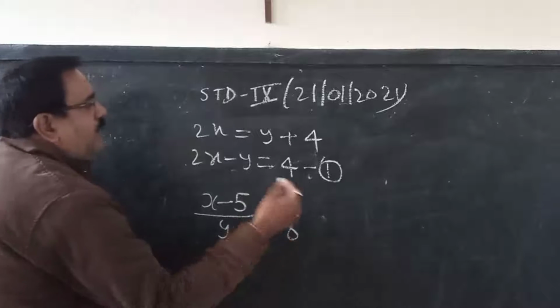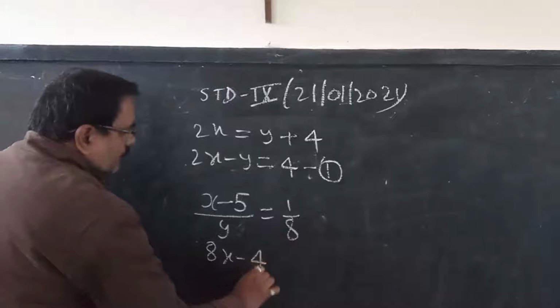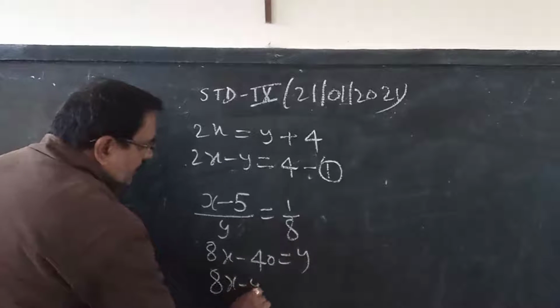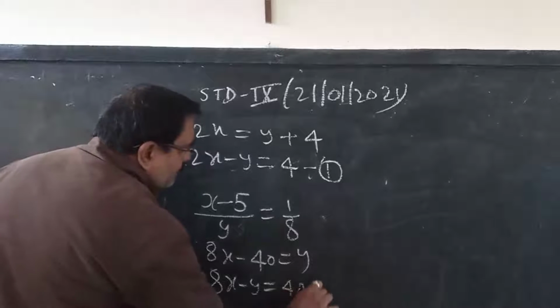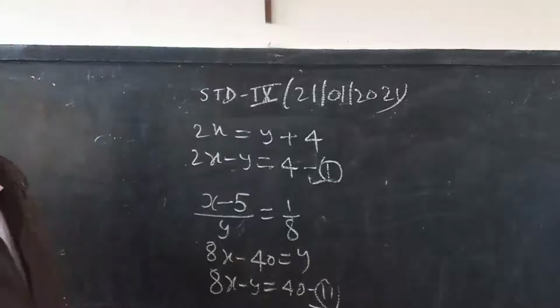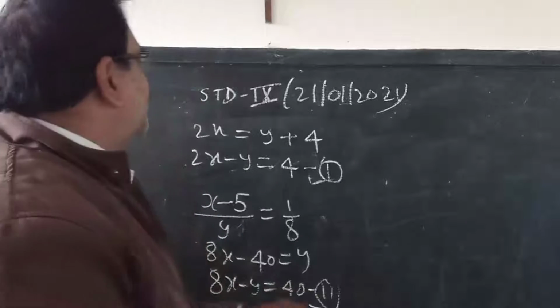So from this we will get another, second equation: 8x minus 40 is equal to y, so 8x minus y is equal to 40. This is the first equation, this is the second equation. From the first and second you have to solve simultaneously to get the values of x and y.